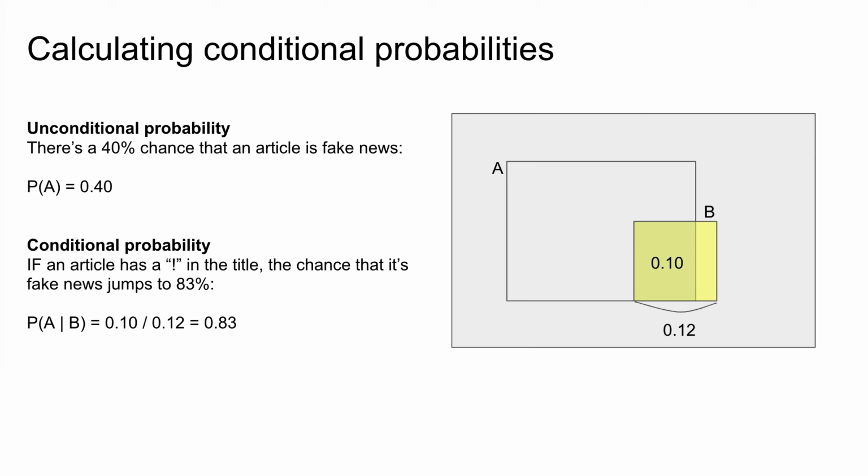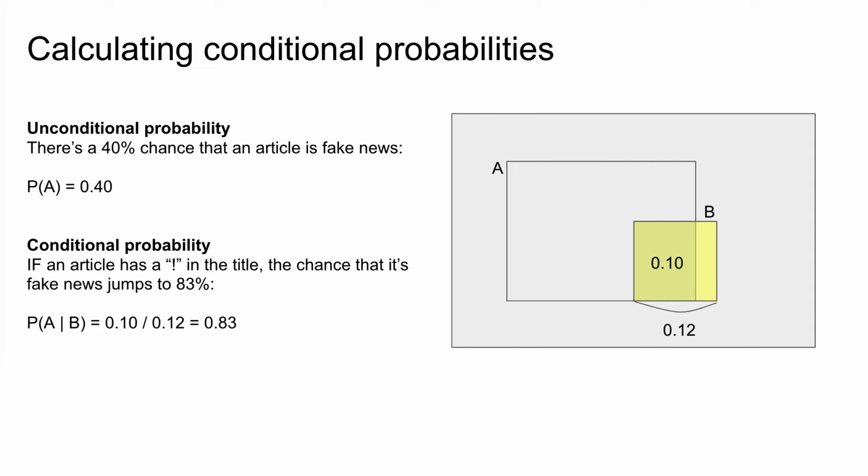Zooming out then, without knowing anything about an article, it has a 40% chance, or unconditional probability, of being fake. But if we learn that an article has an exclamation point in the title, the conditional probability that it's fake news jumps to 83%.